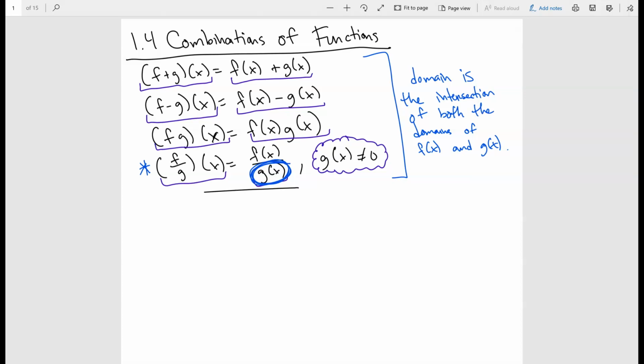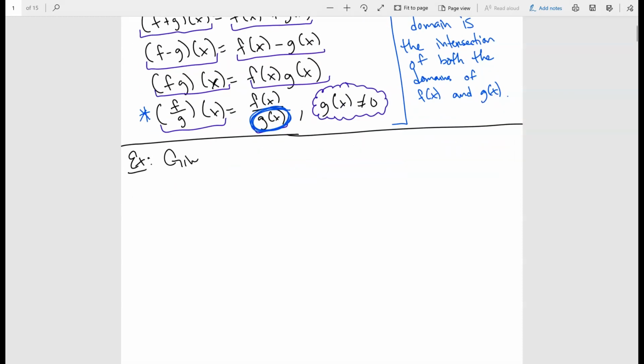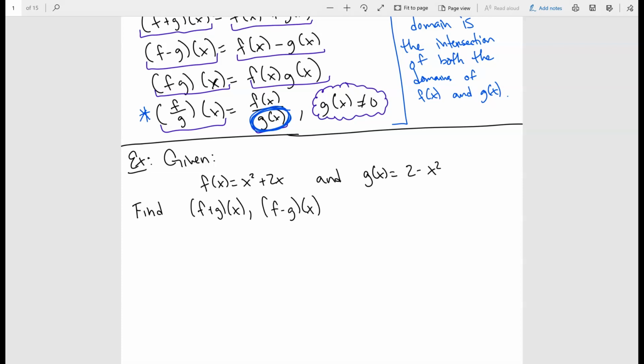So what you want to do is, given f of x equals x squared plus 2x and g of x equals 2 minus x squared, find f plus g of x, f minus g of x, f times g of x, and f divided by g of x.